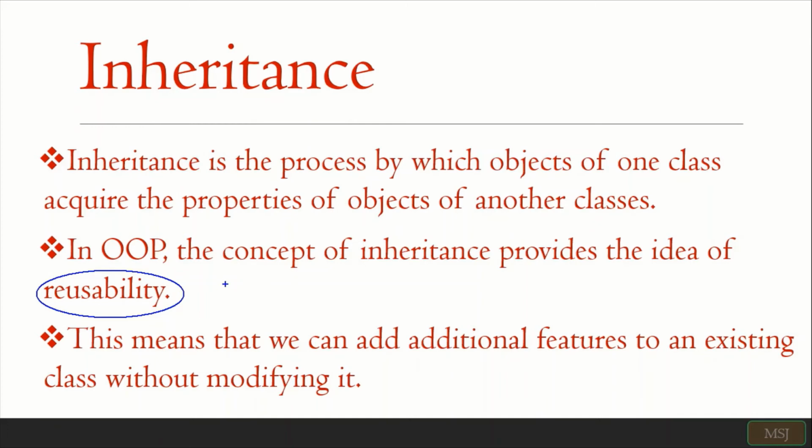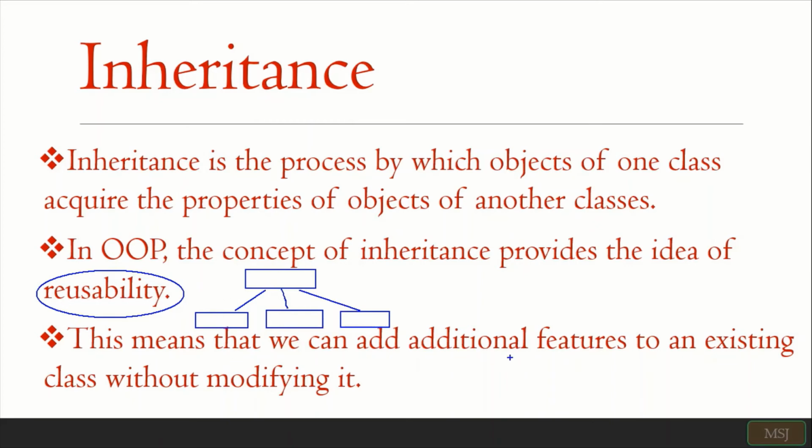We just create a basic class first, a base class first. Then based on that class, we can create a number of subclasses. So this is what is generally called inheritance: creating new classes from an already existing class. We reuse the same attributes and operations of this class in some other classes.